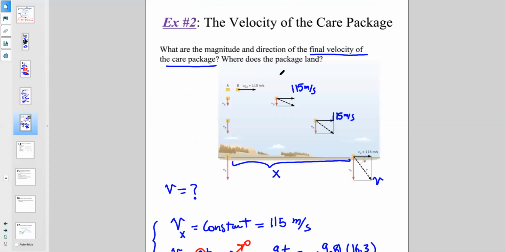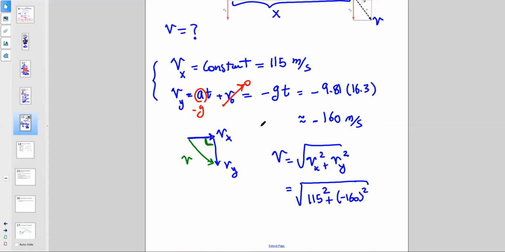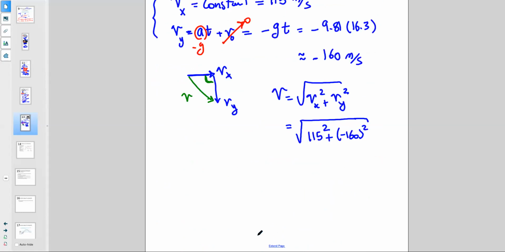Now it's asking, where does the package land? Super easy. We want to know how far it will go along the x direction. We know the time for the motion. So this is part B. We know that t is 16.3 seconds, and we know the initial velocity along the x direction is constant. I can't emphasize more than this, it is constant. So in order to find x, I can just use the constant velocity formula.